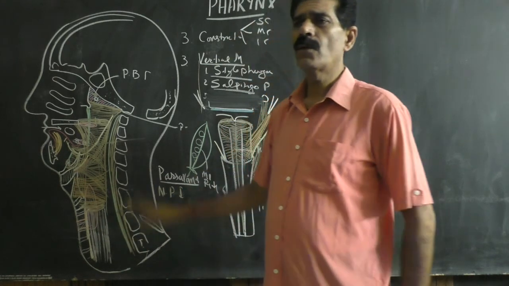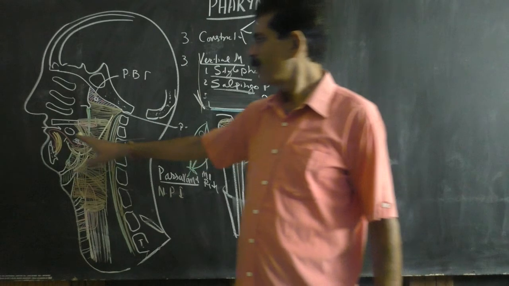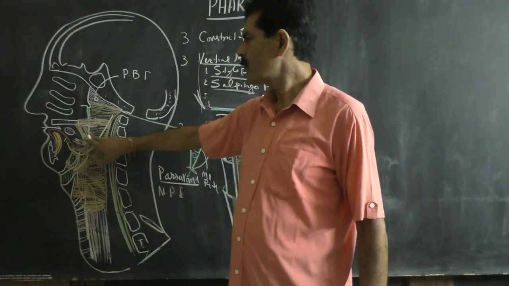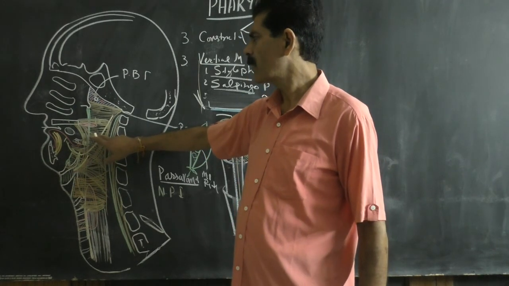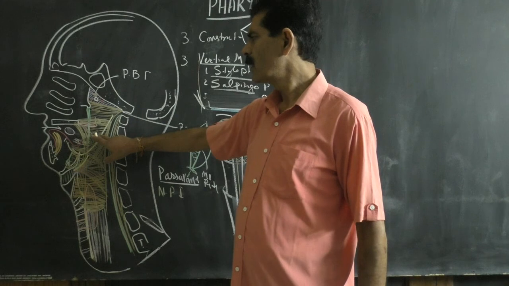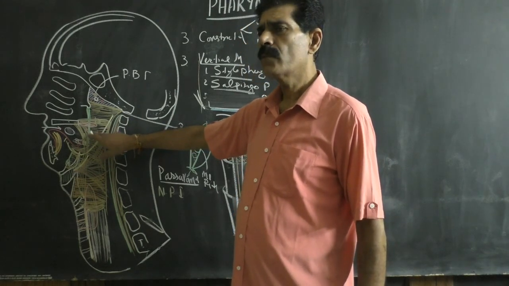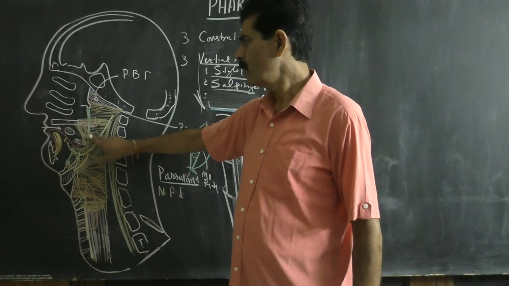So we have done the origin and insertion of the muscles. The action of the muscle is that as we take food inside, as the bolus of food touches any constrictor muscle, for example the superior constrictor, the muscle touched by the bolus contracts and the next muscle relaxes. So the food comes down.